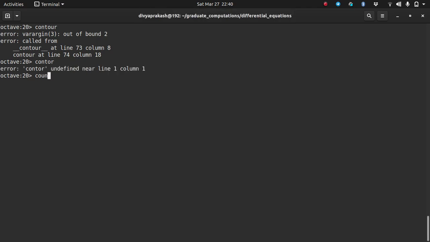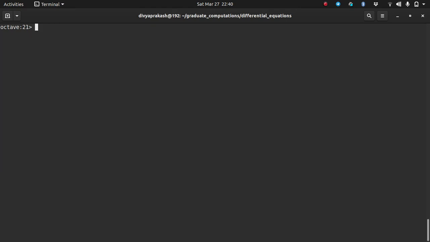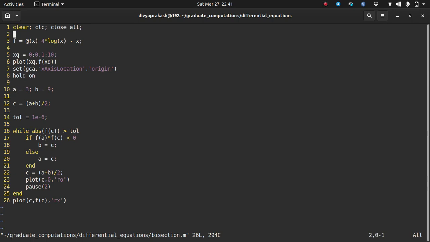Okay, counter, it's 11. So that means the number of times the lines within the while loop have run is 11, or the number of steps taken in the algorithm to get to the root is 11. Let's compare this with our bisection method. Let me open up the bisection method code. Okay, I'm making a lot of mistakes today, right?